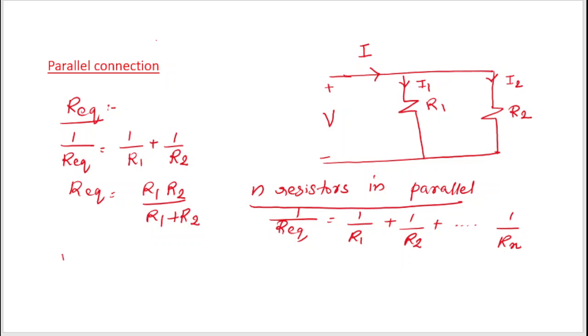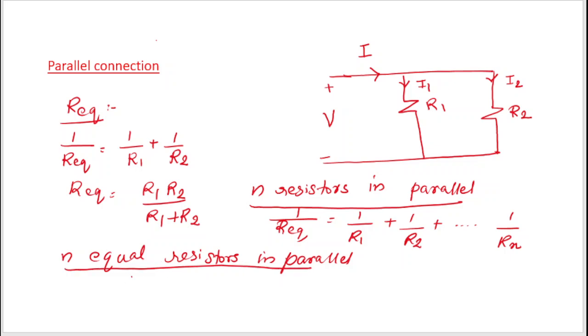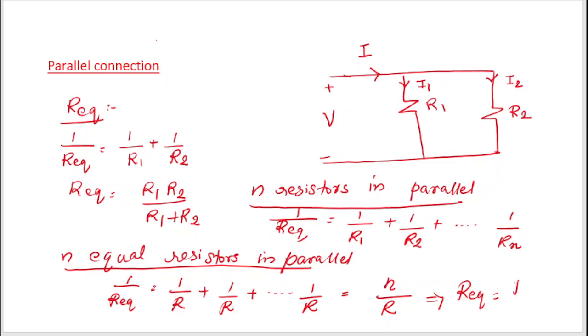Now if there are n equal resistors in parallel, the equivalent resistance will be 1 by R equivalent is equal to 1 by R plus 1 by R plus etc. 1 by R. That is n times, so we can write it as n divided by R. If there are n equal resistors connected in parallel, then 1 by R equivalent is equal to n divided by R, that is R equivalent is equal to, we take the reciprocal, R by n.